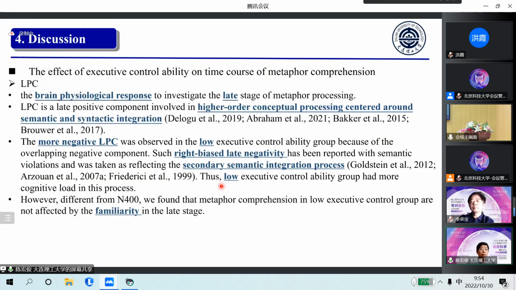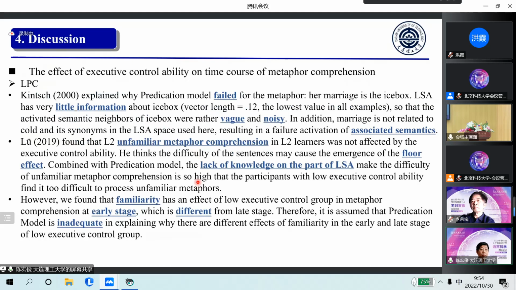And then this is the LPC study and the discussion. We found that familiarity has an effect on the low executive control group in metaphor comprehension at the early stage, which is different from the late stage. In the late stage, it doesn't play much role.